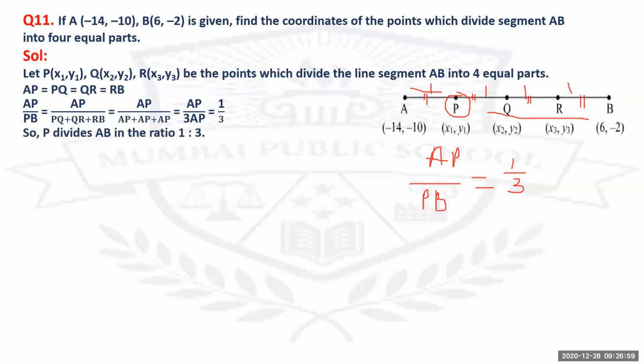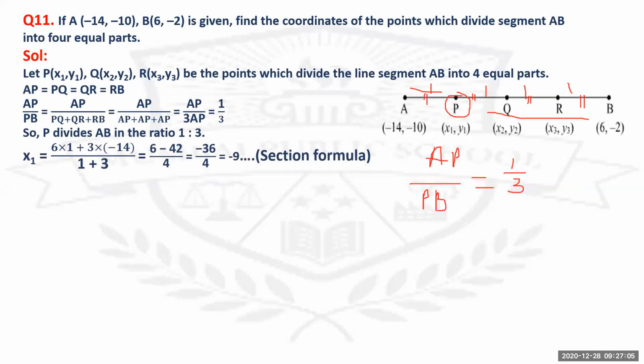So that means P divides AB in the ratio 1:3. So applying the section formula, you'll get x1 equals (6 into 1 plus 3 into -14) upon (1 plus 3). So that is (6 minus 42) upon 4, which equals -36 upon 4. So that equals -9.